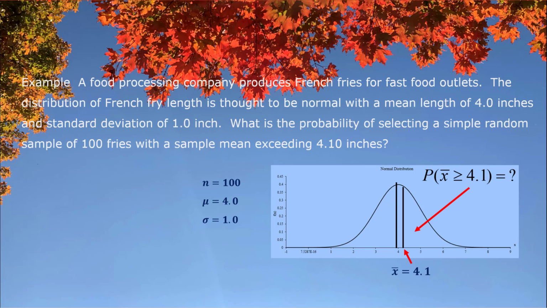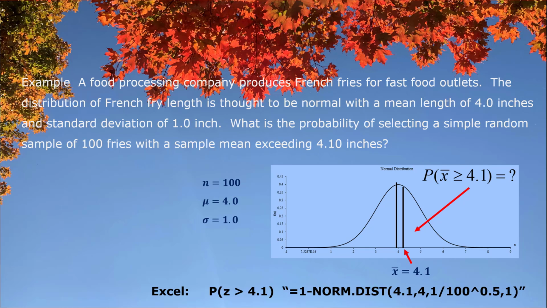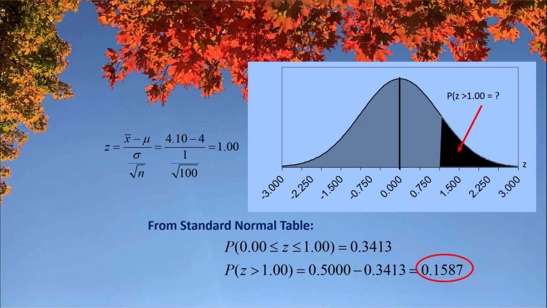We can use an Excel function to find the answer directly by applying the proper sample mean and standard deviation from this sampling distribution. The answer is 0.1587. Alternatively, we can find the standard value first.